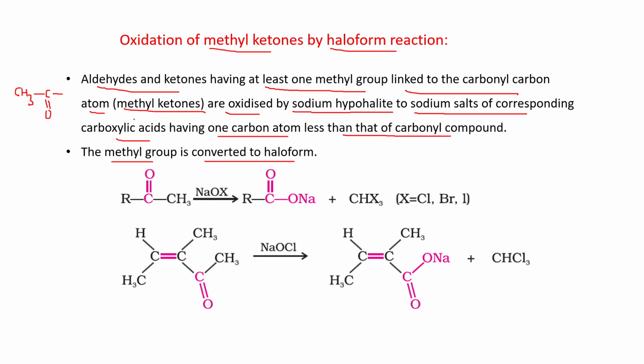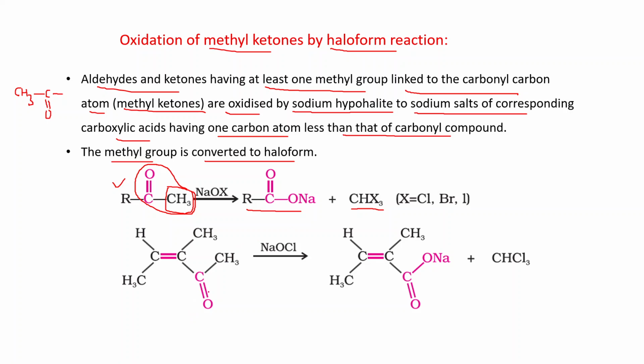See, this is a reaction. Now in this case, this is a methyl ketone. This part will convert into haloform, that is CHX3, and this RCO will convert into the sodium salt of carboxylic acid, RCOONa.